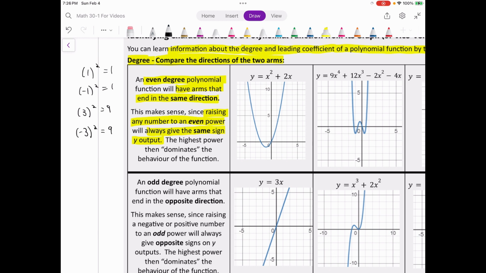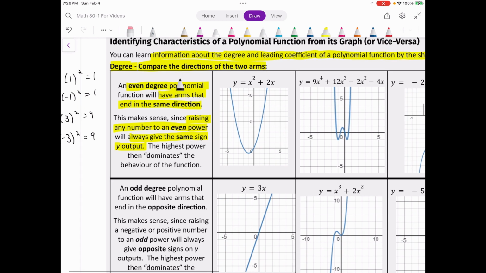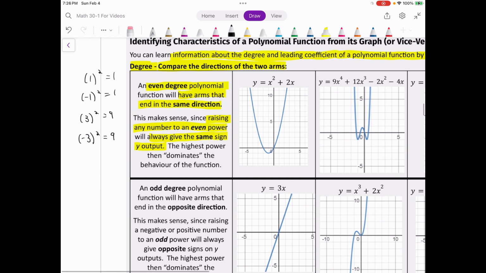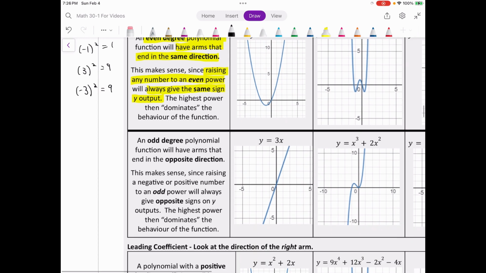So as x goes off to positive infinity or negative infinity, if we have an even exponent there, we're always going to end up with the same sign output. Obviously I just showed squaring, but it would work the same for to the power of 4, right? 1 to the power of 4 is 1.